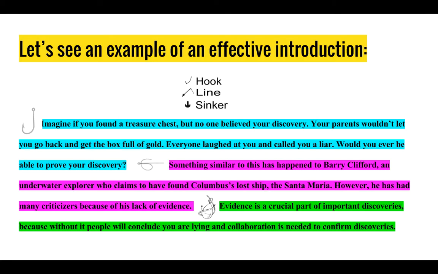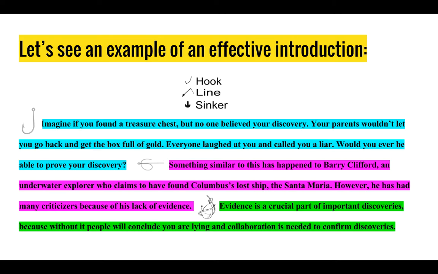So here's an example of an effective introduction. We've got our hook, our line, and our sinker here. Our hook is going to be the first couple sentences. It says, "Imagine if you found a treasure chest, but no one believed your discovery. Your parents wouldn't let you go back and get the box full of gold. Everyone laughed at you and called you a liar. Would you ever be able to prove your discovery?"